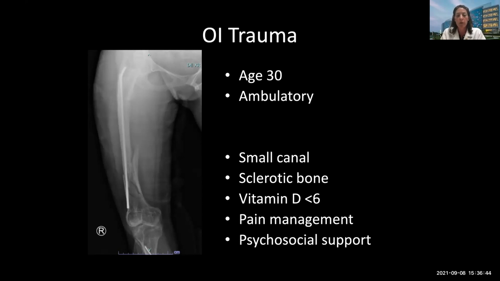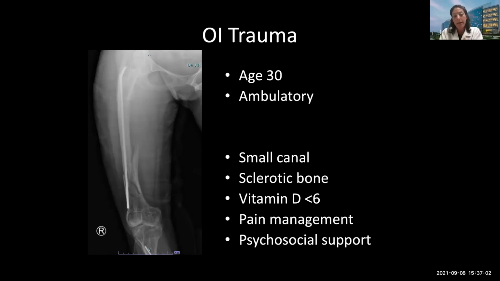So, much smaller canal. Some of the bone proximally is very sclerotic, very dense around that rod, yet distally very brittle. We did a nutritional workup and vitamin D came back at undetectable, less than 6. So that's going to give a challenge healing.